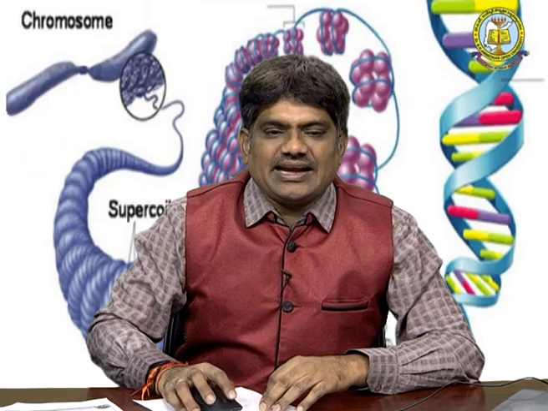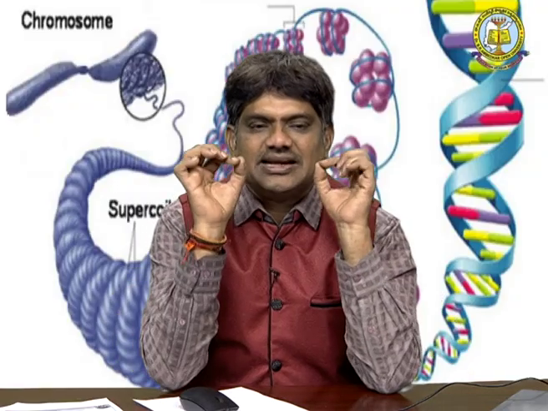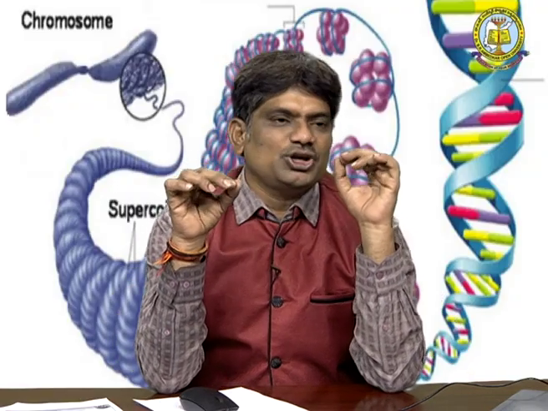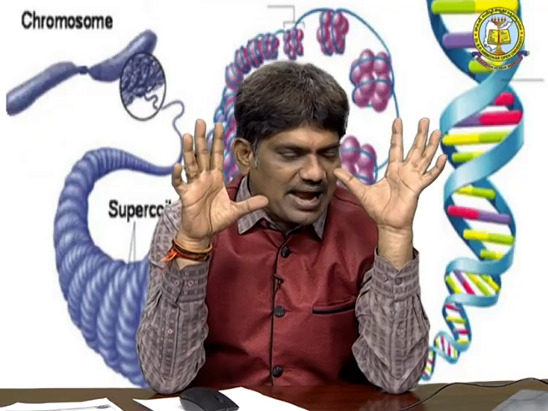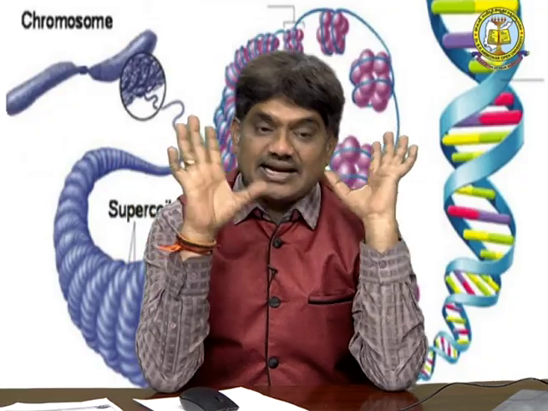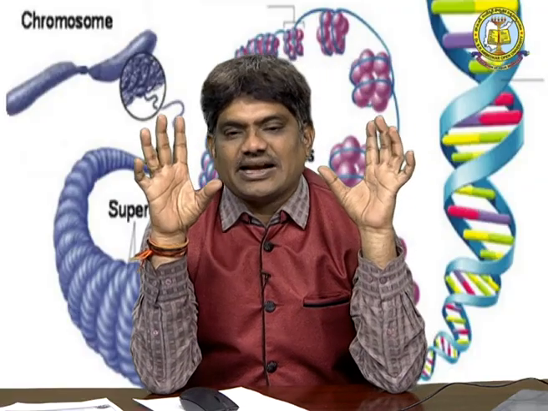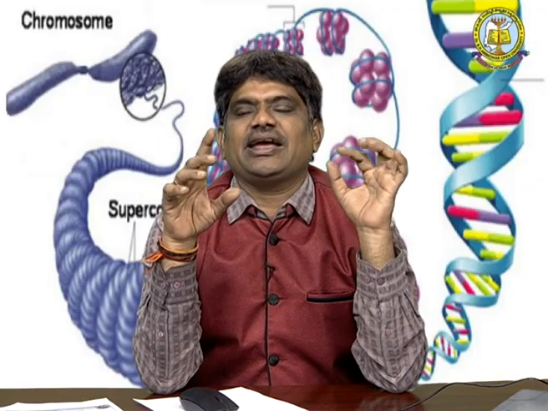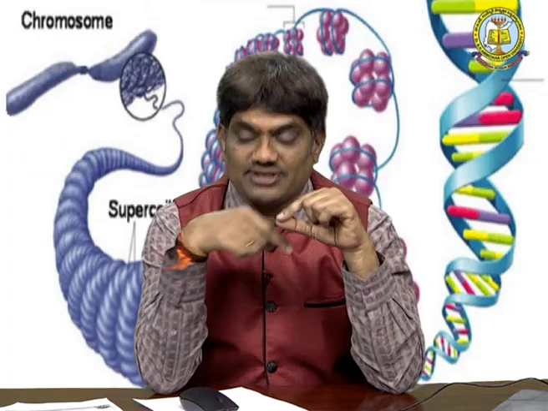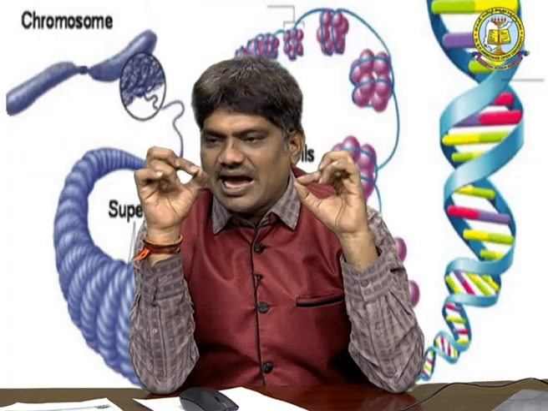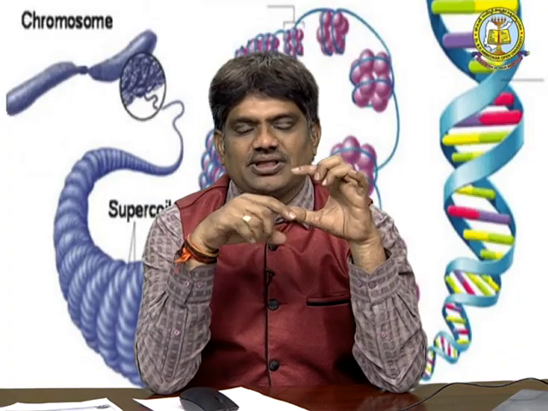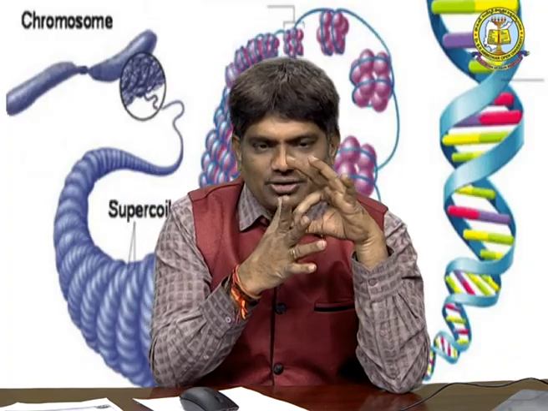The primary constriction is called the centromere. Usually only the primary constriction is present, but in some plants and some animals a secondary constriction is also present. The secondary constriction is where nucleolus formation occurs, and it is joined with the nucleolus.